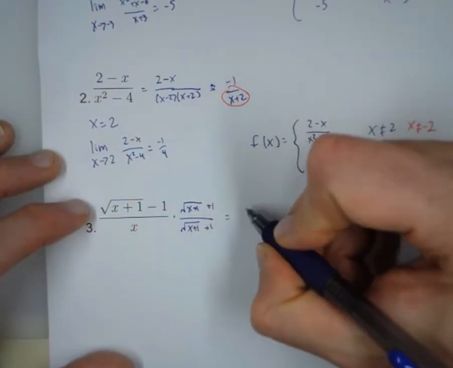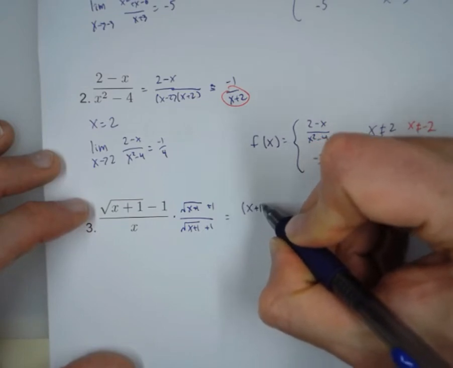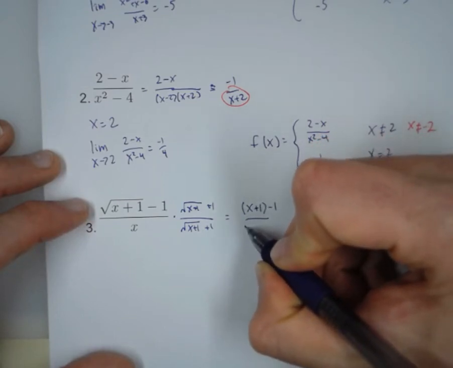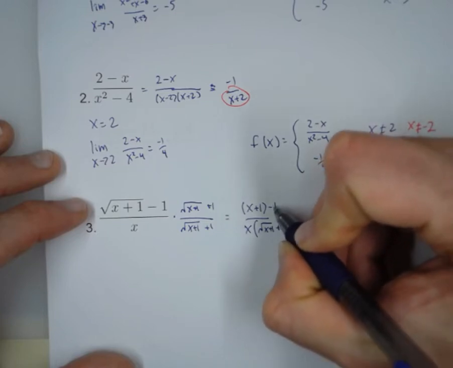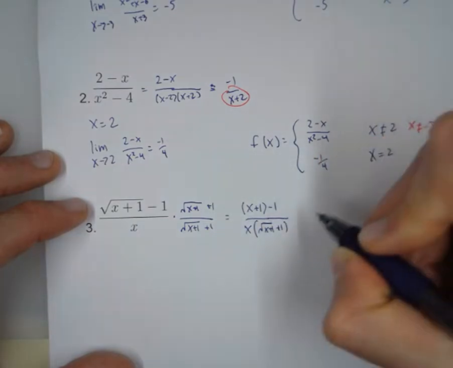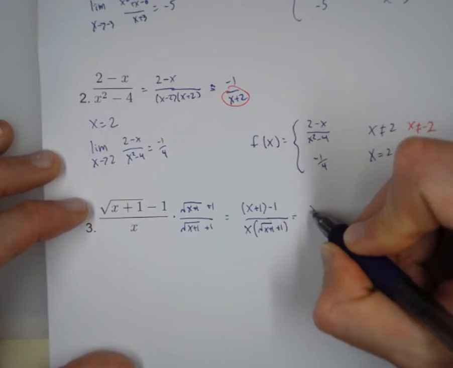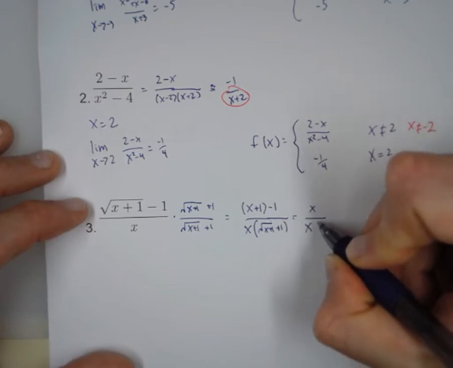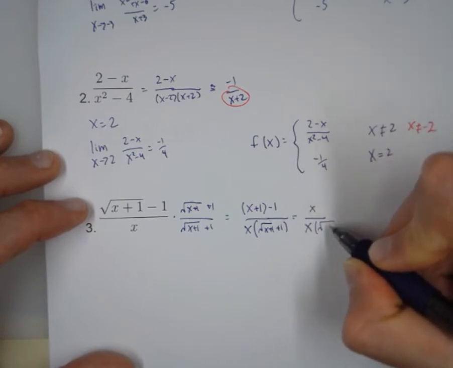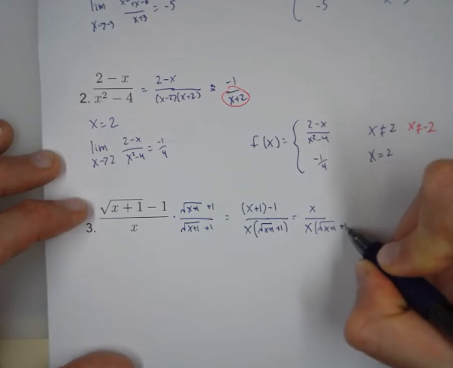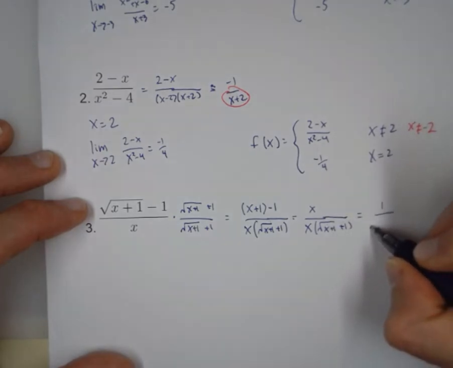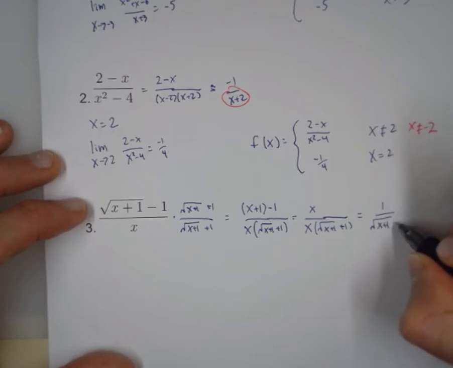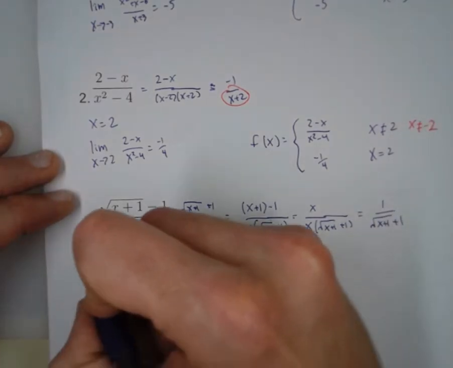Now this is a difference of squares, so we're going to have x plus 1 minus 1 all over x times the square root of x plus 1 plus 1, like that. And the top will simplify to x over x times the square root of x plus 1 plus 1. And the x's will cancel, so we have square root of x plus 1 plus 1.